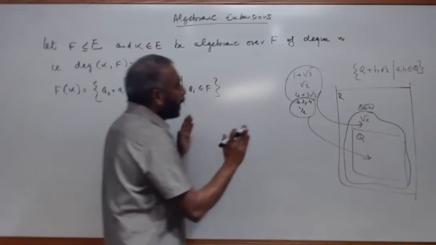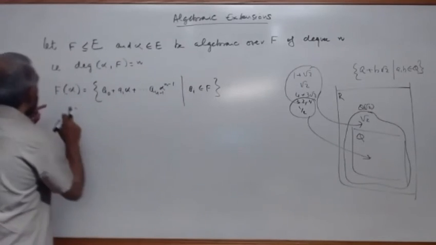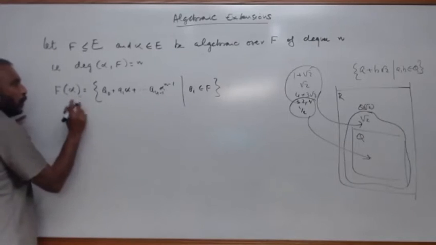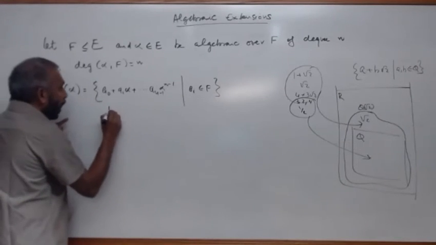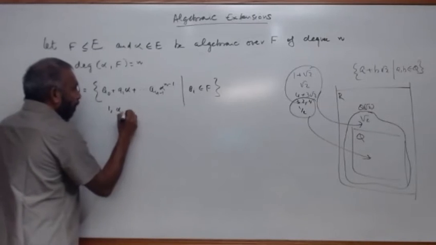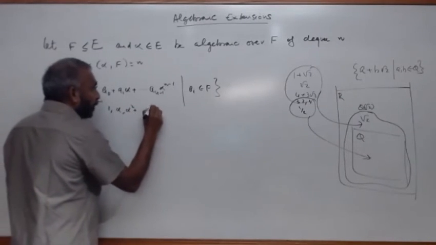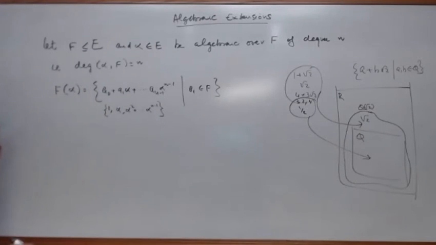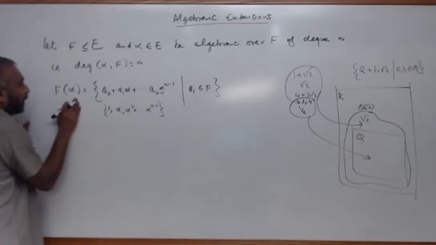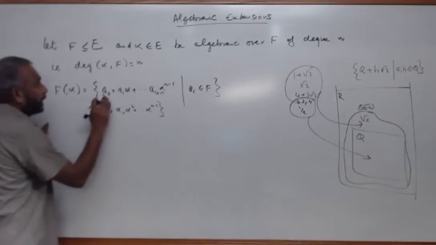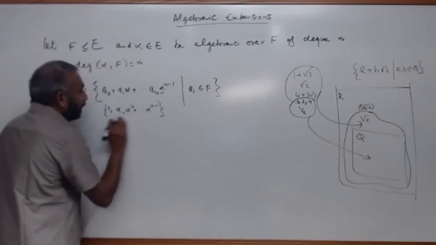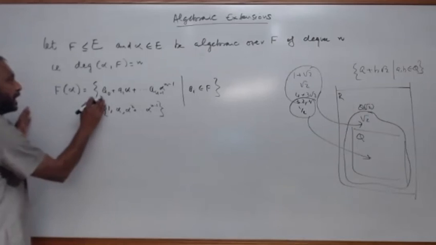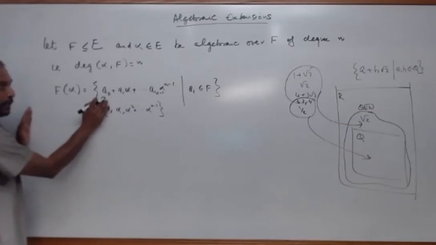So we are actually spanning F(alpha) with elements like 1, alpha, alpha squared, ..., alpha to the power of n minus 1. Because any element of F(alpha) can be written as a linear combination of these elements with coefficients from F. That is exactly what we described as a vector space.